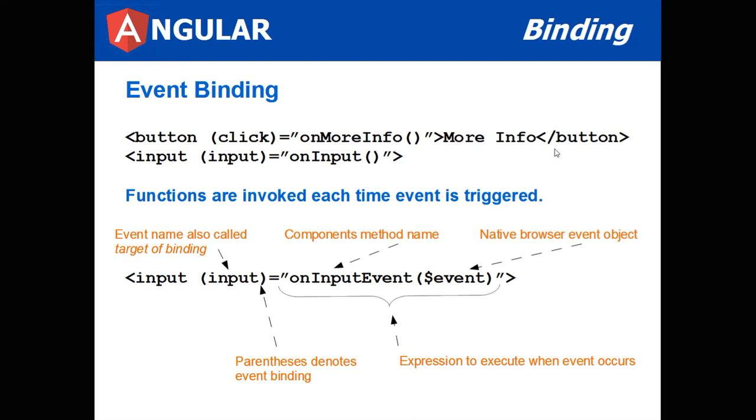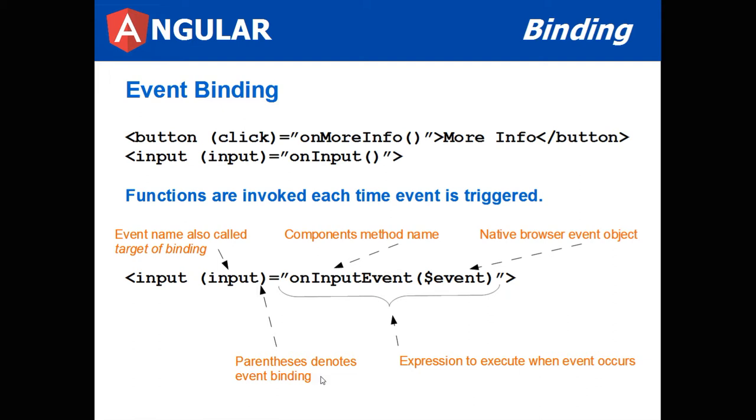Functions are invoked each time an event is triggered. So let's look at this particular markup. Basically what you have is an event name, which is the target of the binding. The input event is the target of the binding, and then you have the component's method that gets invoked.